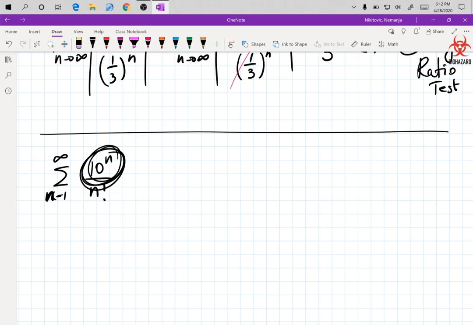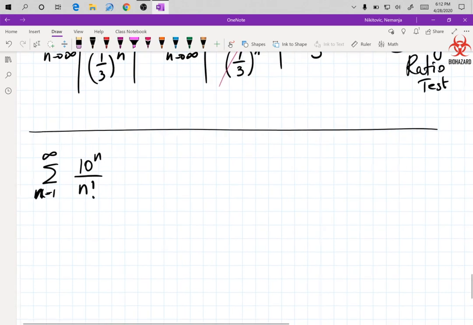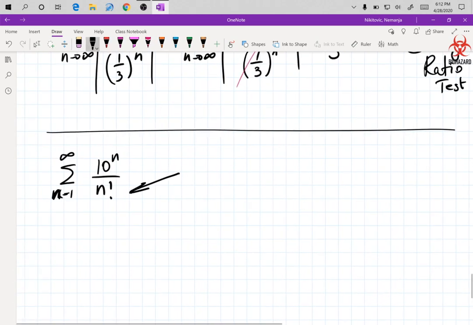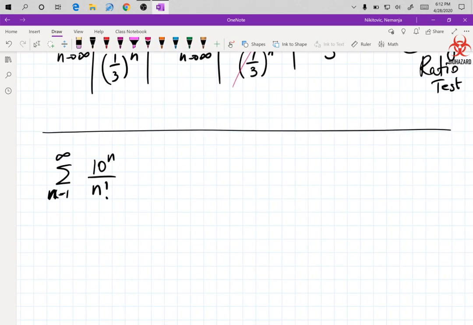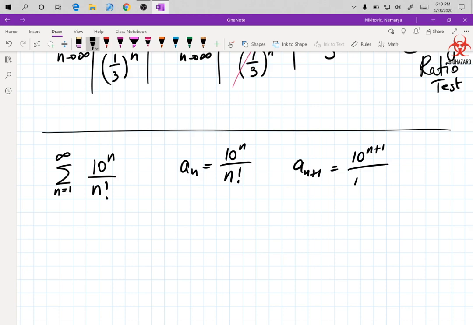This over here is factorial. Also, note number 1 says if you see factorial, use the ratio test. Awesome. All right, so what do I need in this case? Well, we know that our an is 10 to the n over n factorial. We know that our an plus 1 is 10 to the n plus 1 over n plus 1, everything factorial.